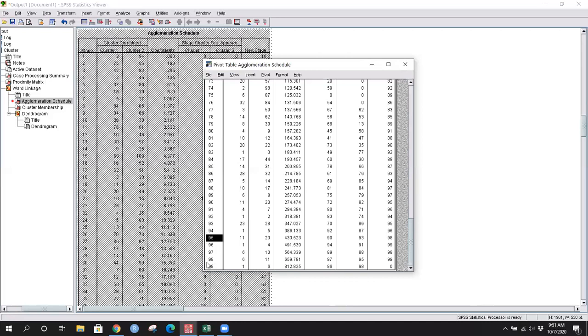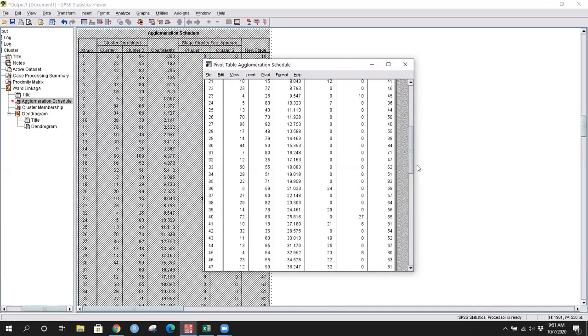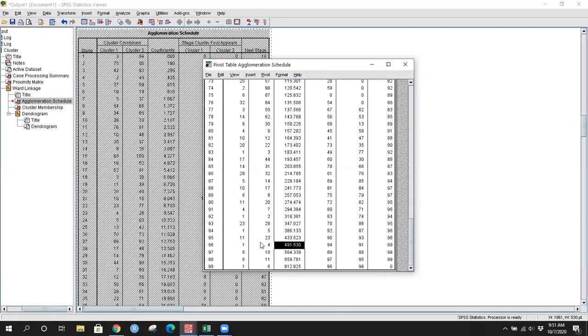Now the question arises, हम कहाँ पे रुके? So do I stop at a 1 cluster solution, a 2 cluster solution, 3 cluster solution, or a 4 cluster solution? For that we need a stopping rule. Now that stopping rule depends upon this column, that is the coefficient column. So we are going to stop at the point where there is a large difference between the coefficients of 2 consecutive stages.